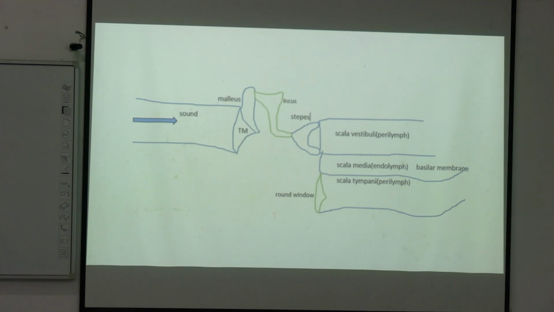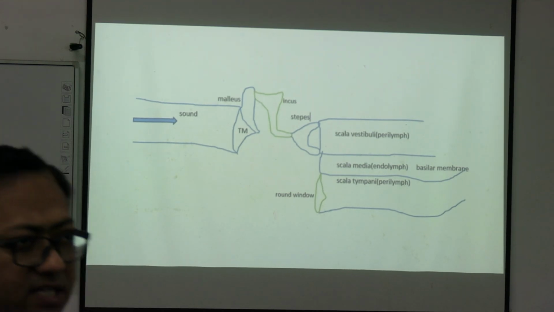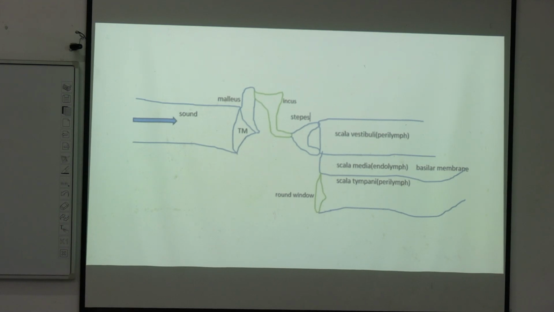So there is a vacuum or negative pressure inside the scala vestibuli. This is the hallmark: negative pressure in the scala vestibuli. This negative pressure is transmitted to the scala tympani, because scala vestibuli and scala tympani are connected to each other through a foramen.